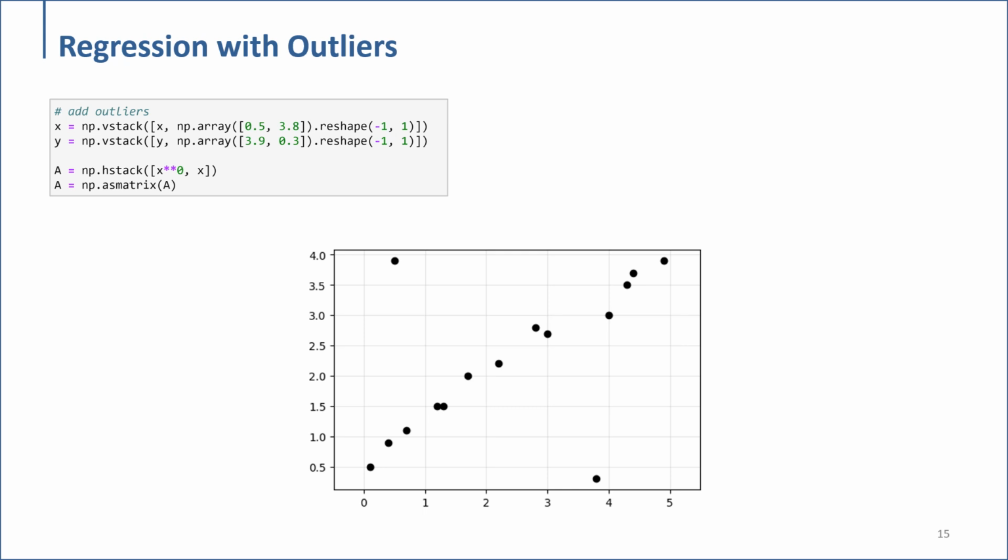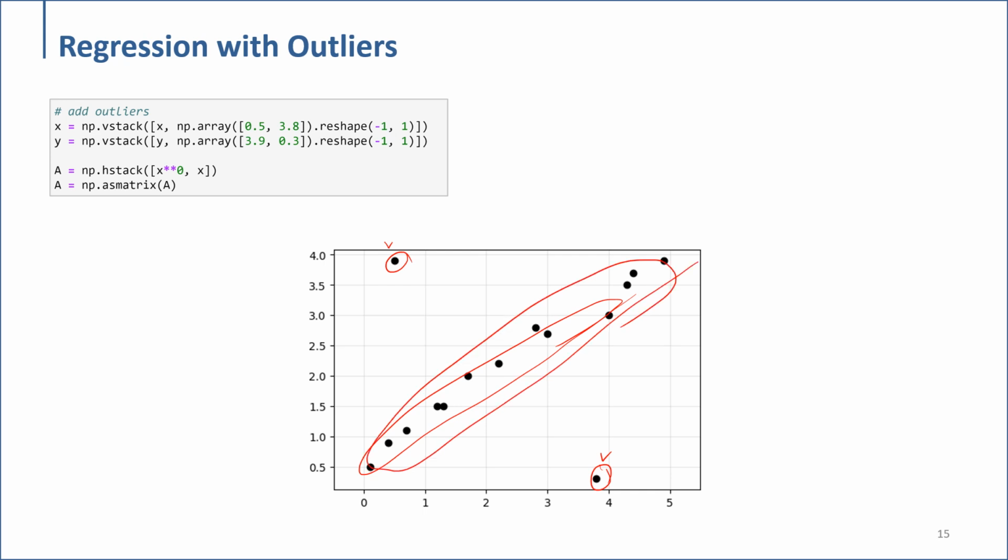So let's see the case. Let's go back to our previous example. And in addition to our data set, let's see the case where we have two additional outliers. Here, these two points can be considered outliers because they are detached from the main body of the data set.